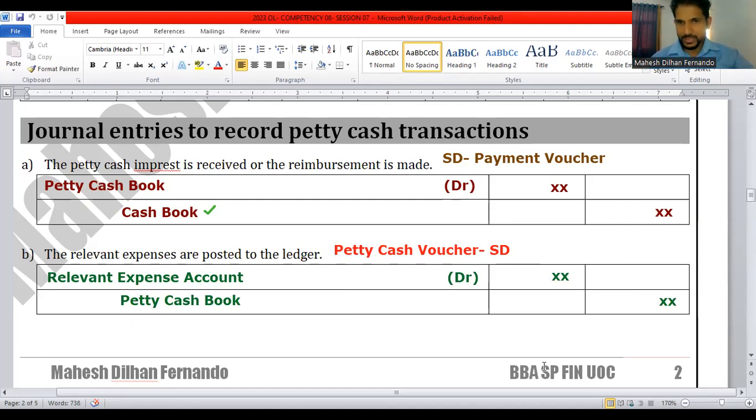Once again, children, the source document to record the petty cash imprest is the payment voucher, and for the petty cash expenses it is the petty cash voucher.